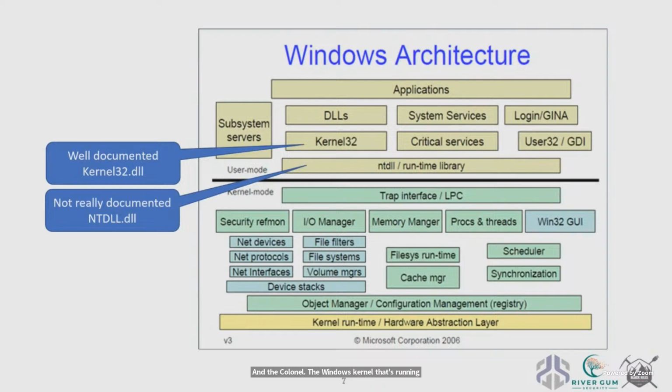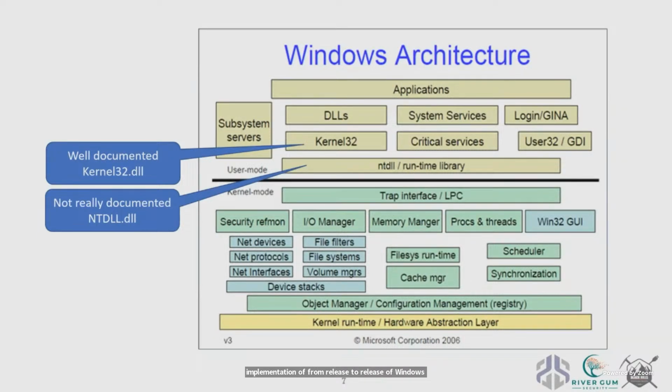While you can use API function calls from NTDLL, they are not publicly documented. NTDLL is something that Microsoft reserves the right to change the internal implementation of from release to release of Windows, and in fact, they do.